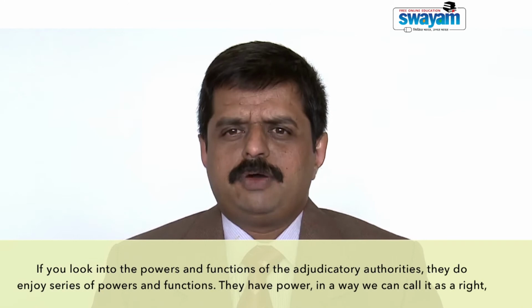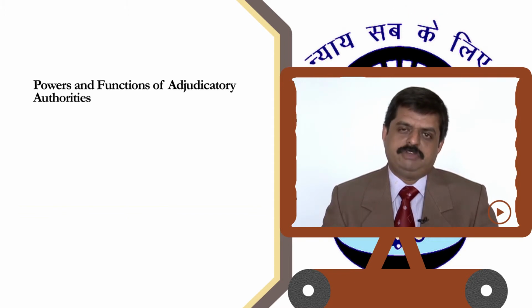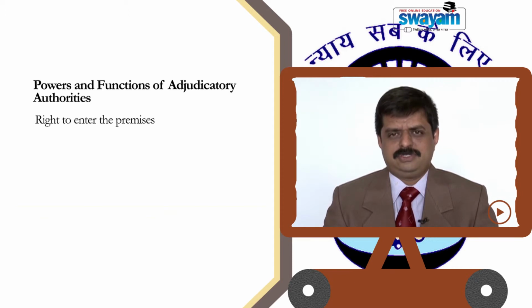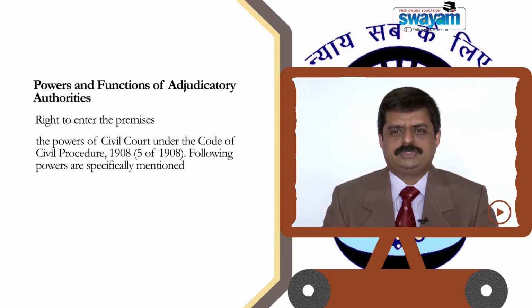If you look into the powers and functions of the adjudicatory authorities, they do enjoy a series of powers and functions. They have a power, or in a way we can call it a right, to enter any premises for the purpose of conducting inquiry. They also enjoy the powers of civil court.